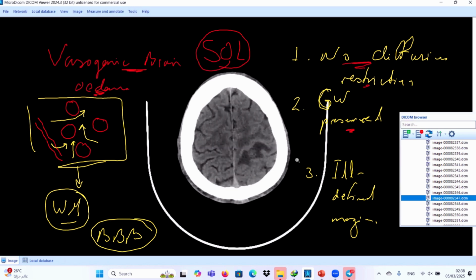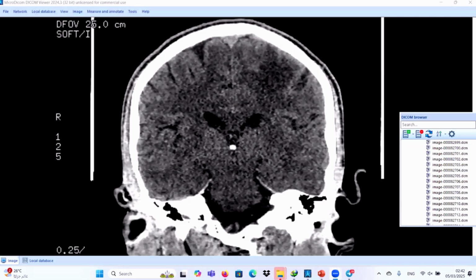Cytotoxic brain edema indicates that we are dealing with acute ischemic insult. Vasogenic brain edema needs further assessment with IV contrast. It's better to make a contrast enhanced MRI study for the patient, or at least a contrast enhanced CT scan. So it's very different pathways.